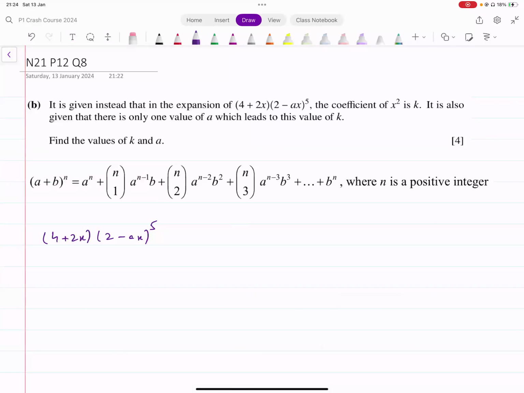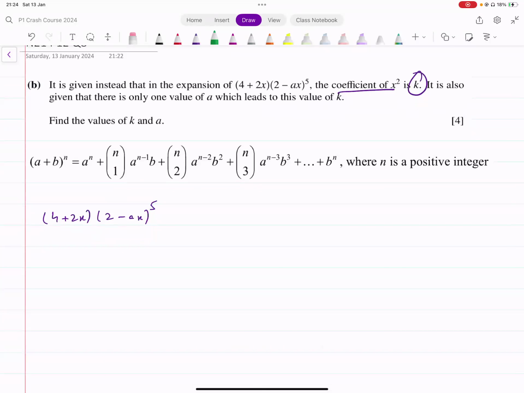The first thing is we're given that the coefficient of x square is k. So we are looking for the coefficient of x square in this expansion. How do we find that? What do we multiply 4 by to get x square? You multiply it by x square. What do you multiply 2x by to get x square? You multiply it by x. So these are the two terms that you are specifically looking for in this expansion.